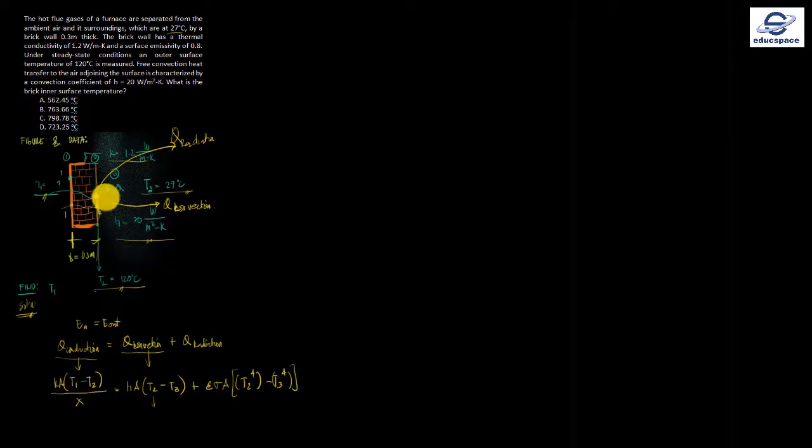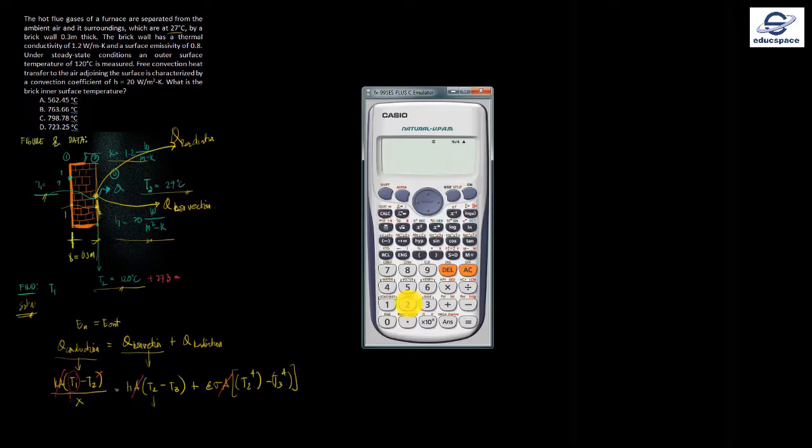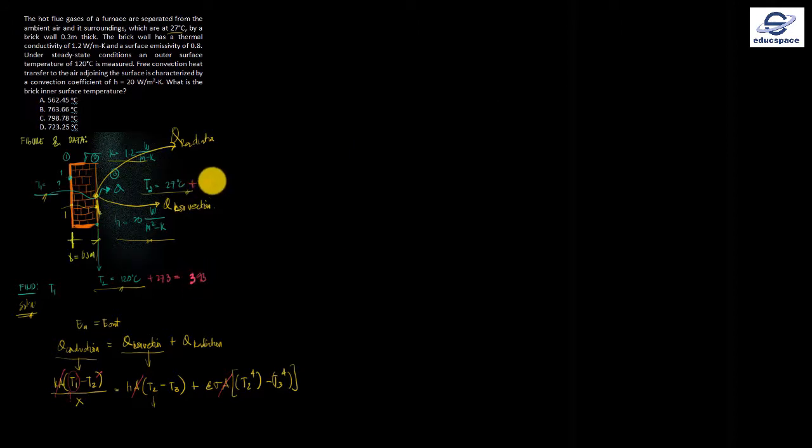So again, here the common area will simply cancel out. Take note, T1 is the unknown, and T2 is given as 120 degrees Celsius plus 273, which must be 273 plus 120, so 393 Kelvin, while T3 plus 273 is around 300 Kelvin.